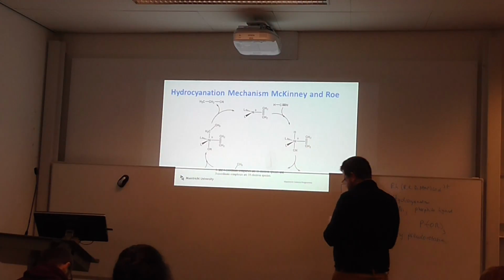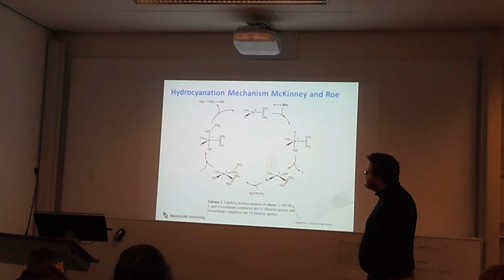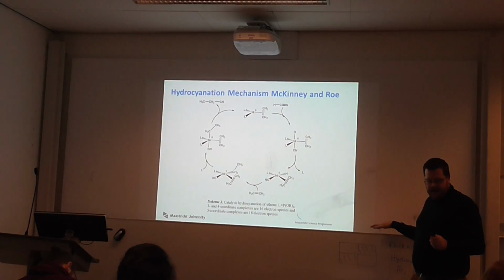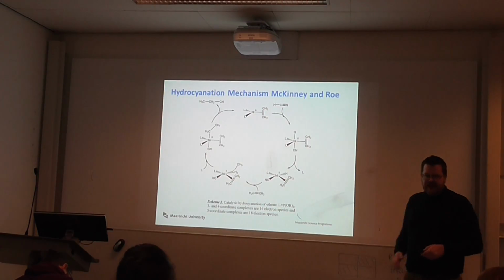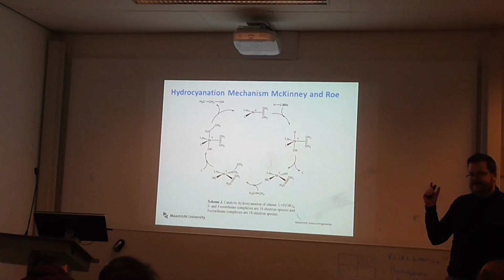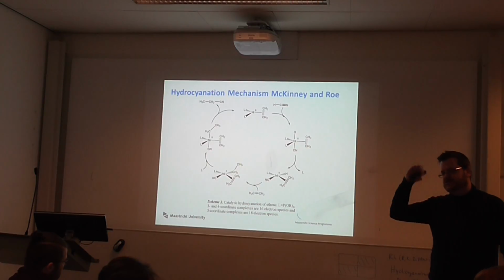Berry pseudo-rotation is simply where axial and equatorial groups exchange rapidly, and they interchange between trigonal bipyramidal systems via square pyramidal transition states.